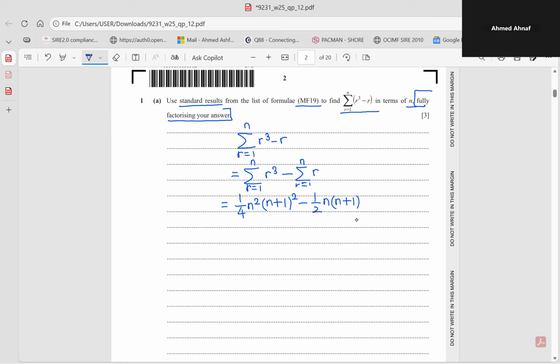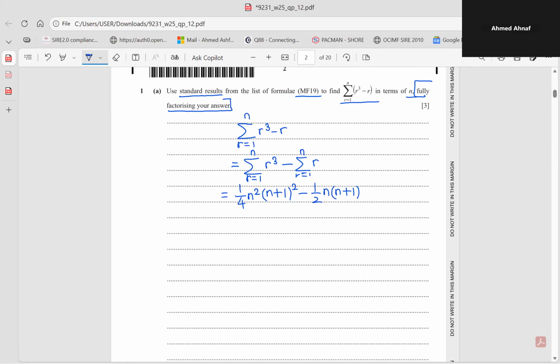Okay, all right. So now we can start factorizing this expression. So right off the bat, I can see that we can factor out 1 over 4 from both expressions as well as n and n plus 1. So let's factor out 1 over 4 times n and n plus 1.